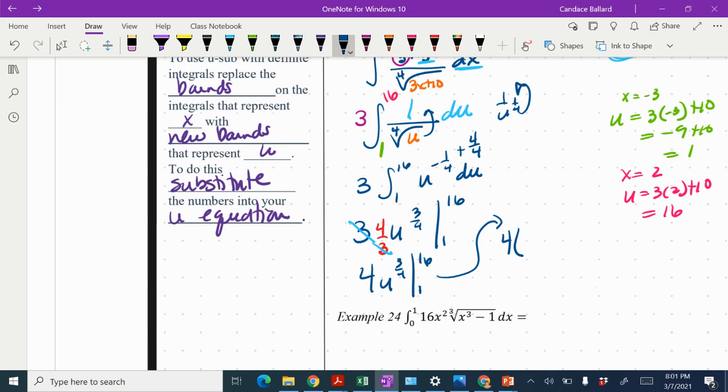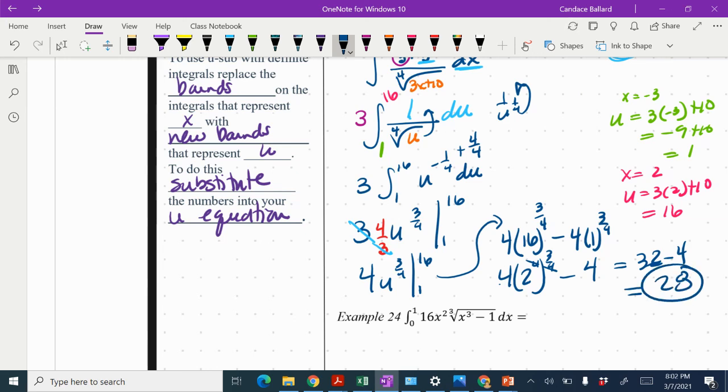So 4 times 16 to the 3/4 minus 4 times 1 to the 3/4. Again, I'm going to write 16 as 2 to the 4th to the 3/4 power, minus 4. These cancel. 2 cubed is 8. 8 times 4 is 32. Minus 4 is going to be 28 as our final answer.